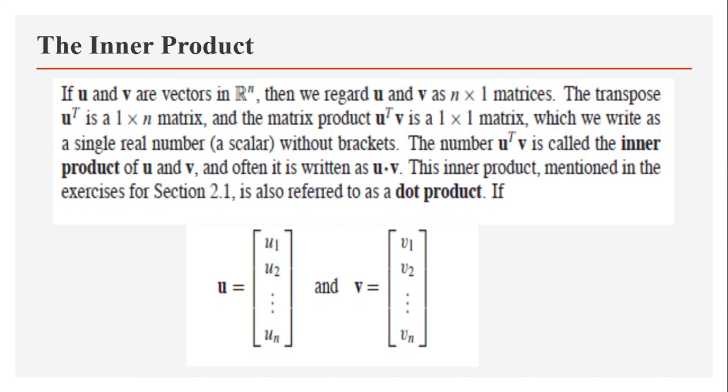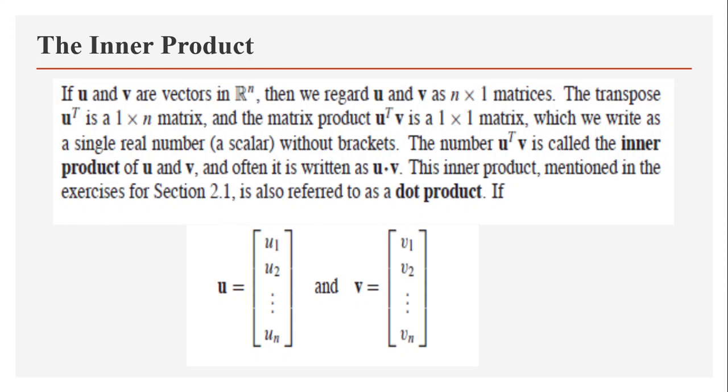The transpose, u transpose, will be a 1 by n matrix, and the matrix product u transpose v is a 1 by 1 matrix. That is, the result of u transpose v will be a scalar number, a real number, which we write as a single real number without brackets. The number u transpose v is called the inner product of u and v.